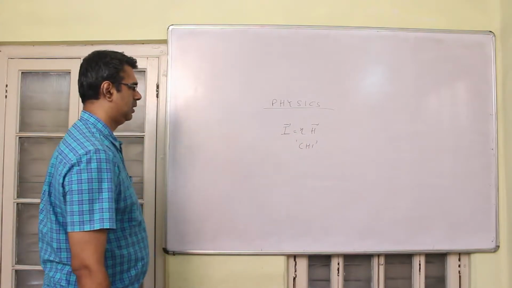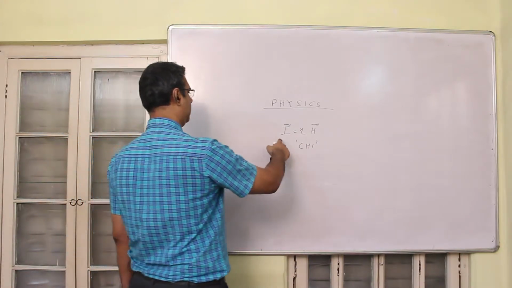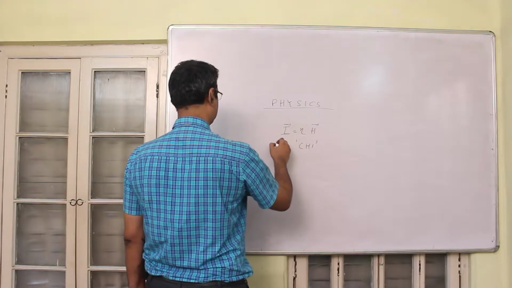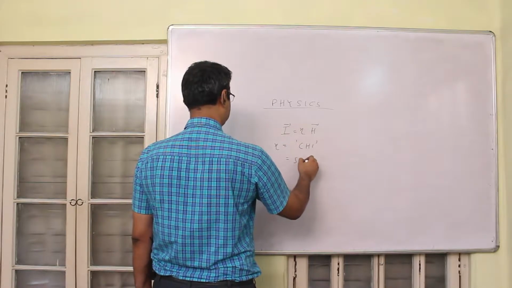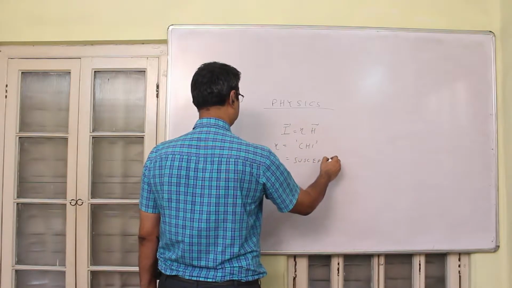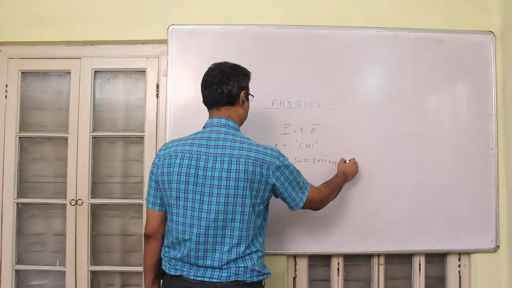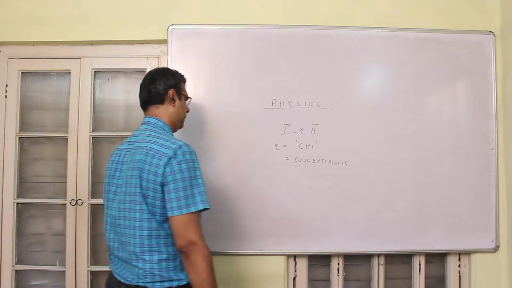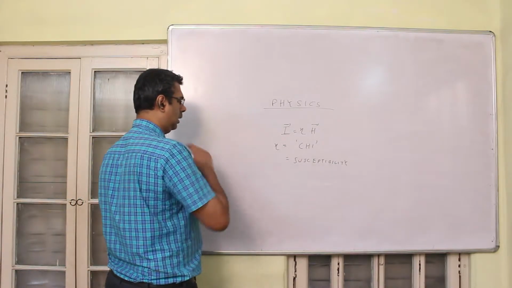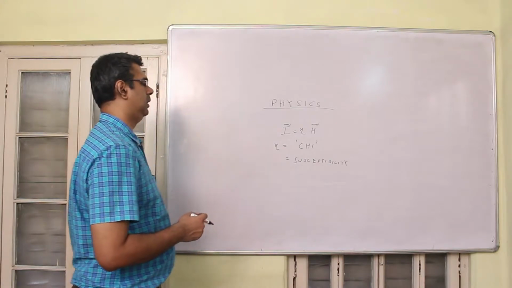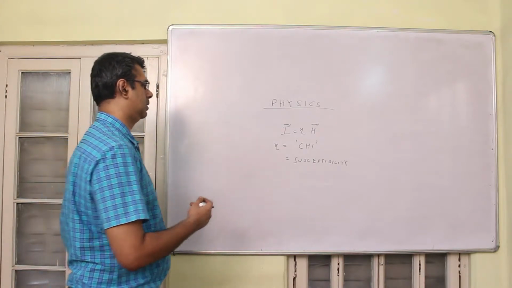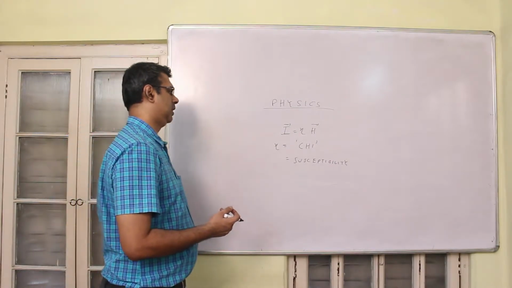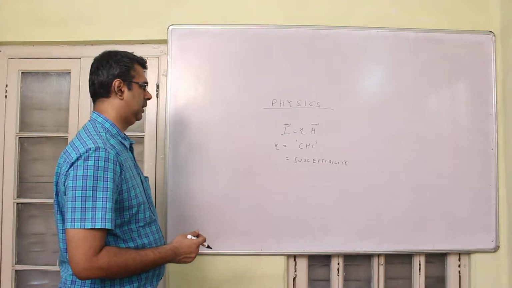So capital I is chi into capital H. Chi is called the susceptibility of the material. If the susceptibility is very high, that means capital I is high, so the substance is strongly magnetic. If the susceptibility is very low, it's weakly magnetic.